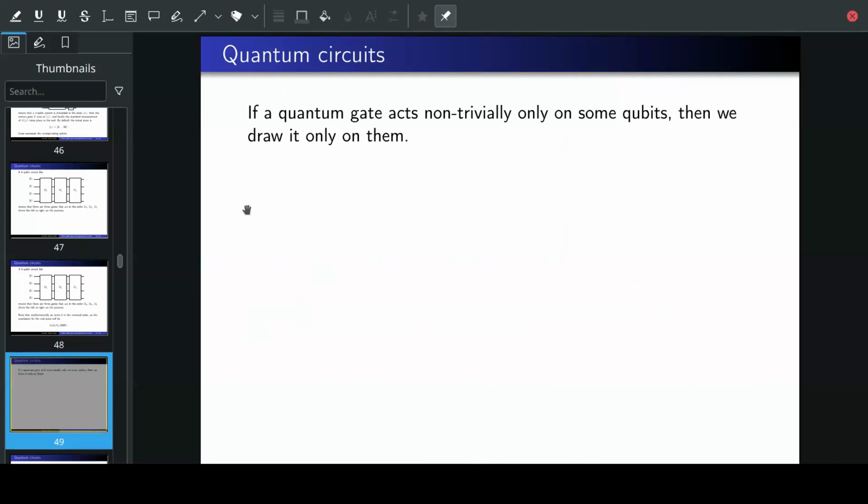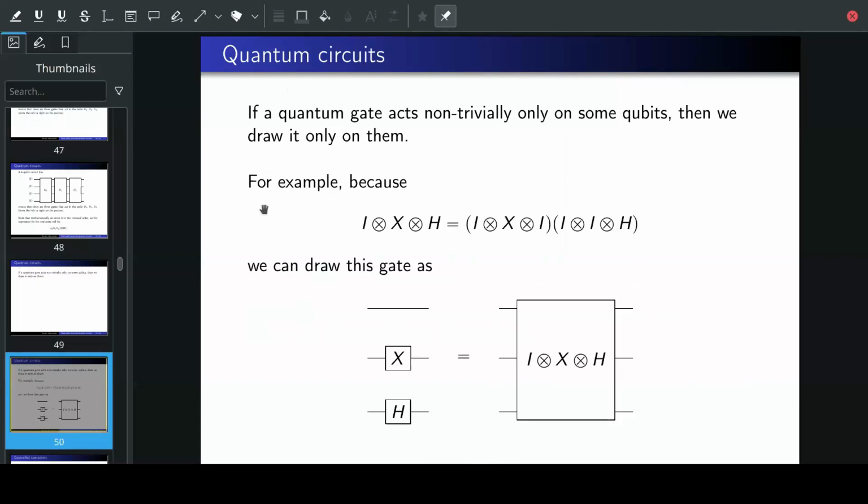Now, if a quantum gate acts non-trivially on some qubits, then we draw it only on them. So, for example, consider this 3-qubit operation. Again, we can express this as a product of 2 unitary matrices, and we can see that in this matrix, the non-trivial action happens only on the 2nd qubit.